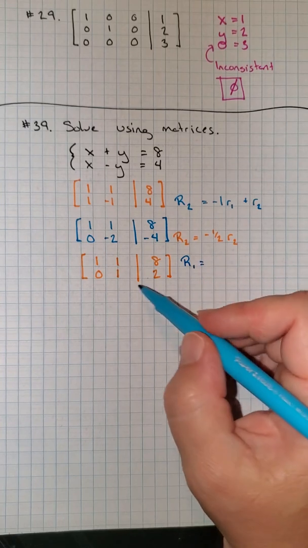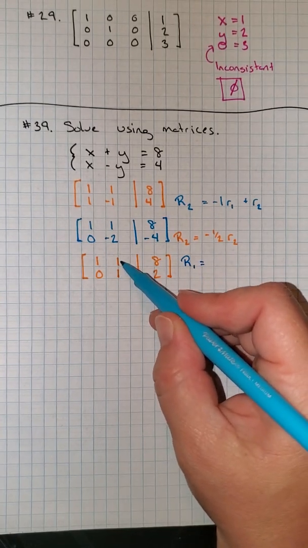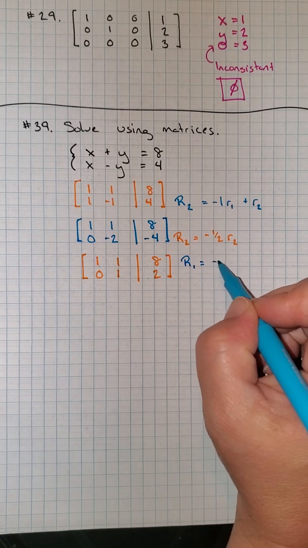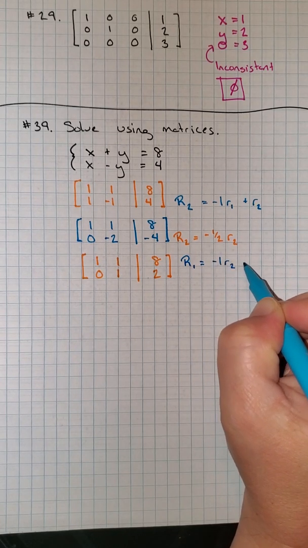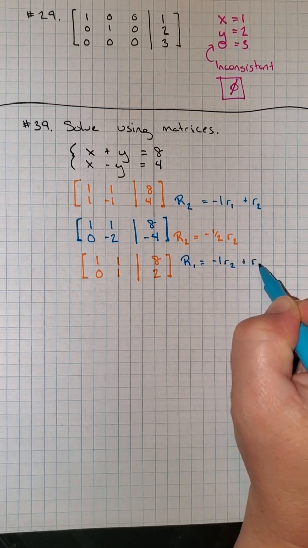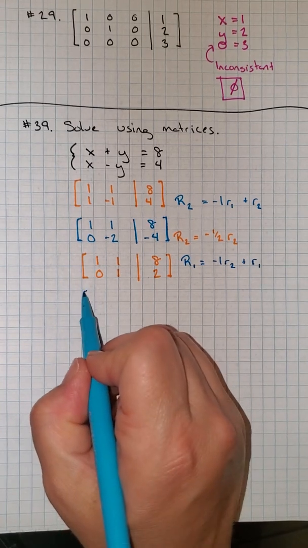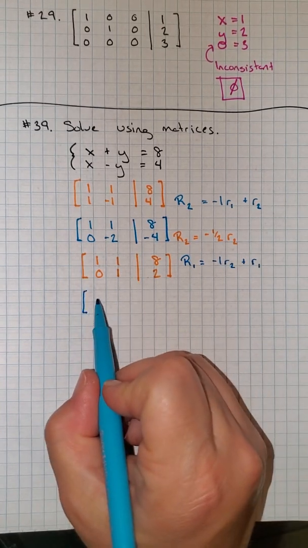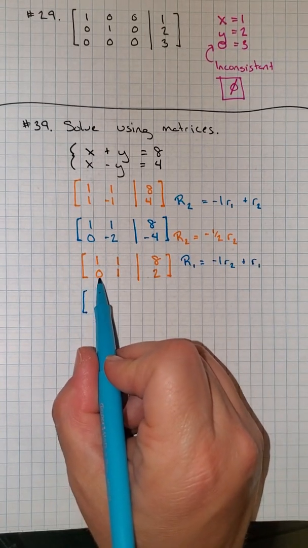So our row 1, we can take -1 times our old row 2 and add it to row 1. So -1 times 0, that's 0.